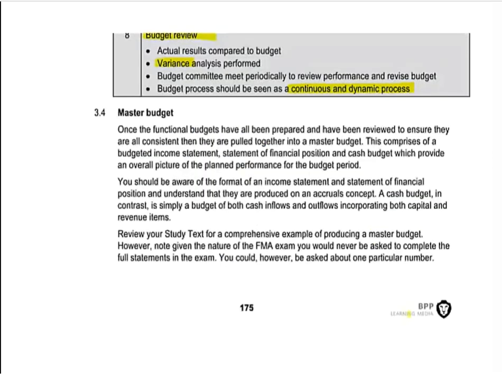So what does the master budget comprise? Well, it's going to be a budgeted income statement, a statement of financial position, and a cash budget, all of which together will give you the overall picture of the planned performance for the budget period. And you could, for example, be asked a question in section A about what the master budget comprises.